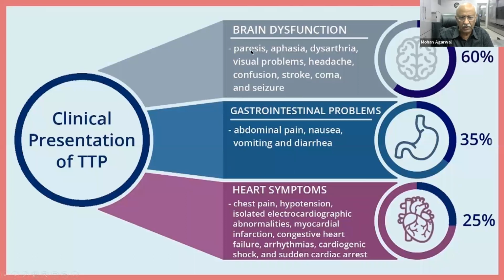Or they could be gross, like paresis, aphasia, dysarthria, convulsions. Patient may get severe symptoms suggestive of a severe intestinal problem, including infarcts. And lastly, there could be myocardial infarction, arrhythmias, or cardiogenic shock. Brain is most commonly involved, 60% of patients. GI tract, 1/3 of the patients, and heart in 1/4 of the patients.